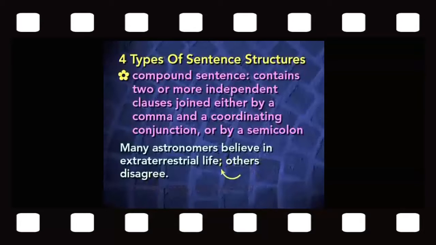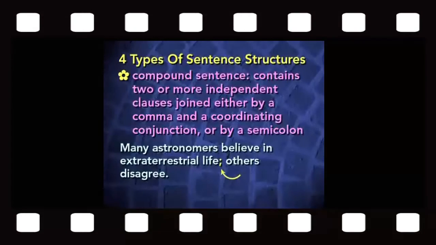Many astronomers believe in extraterrestrial life; others disagree. This would also be a correct way of creating this compound sentence. The point? A compound sentence consists of two independent clauses, and there are two alternative ways of joining them to make a single sentence. So that's our second type of sentence, simple sentence and a compound sentence.